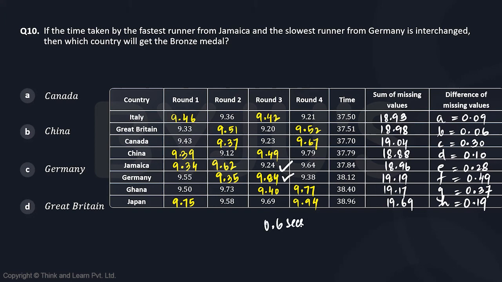So what will happen is Germany's total time will reduce by 0.6 seconds and Jamaica's time will increase by 0.6 seconds. So Jamaica is definitely going to move below in the tally, but the total time for Germany will reduce to 38.12 minus 0.60, which is going to be 37.52.